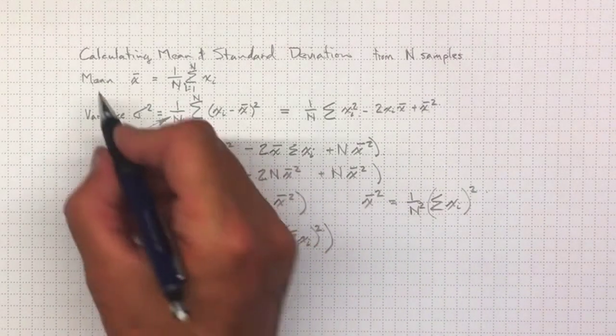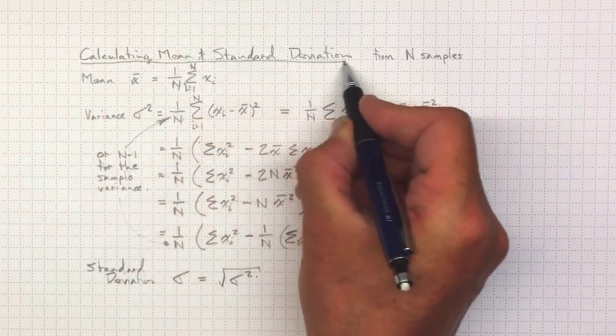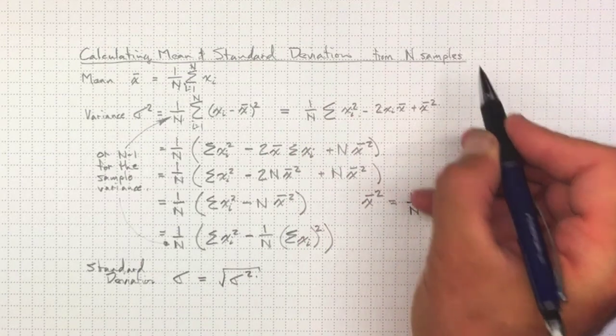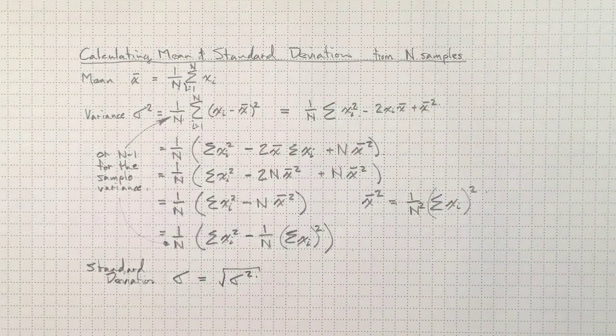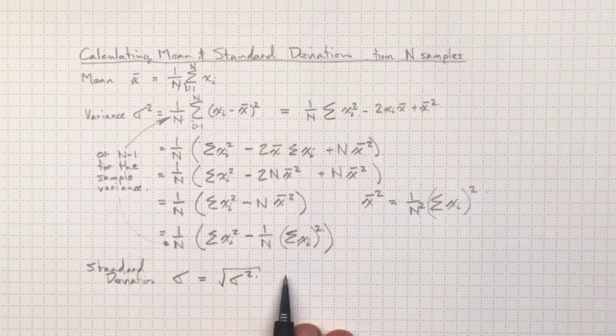So you can go through this process of calculating the mean and the standard deviation directly from those samples, or you can use the various functions that are available in spreadsheets or in Python or in MATLAB if you're using one of those high-level languages. But if we want to calculate means and standard deviations inside our Arduino code, we're going to need to be able to do this kind of a calculation.